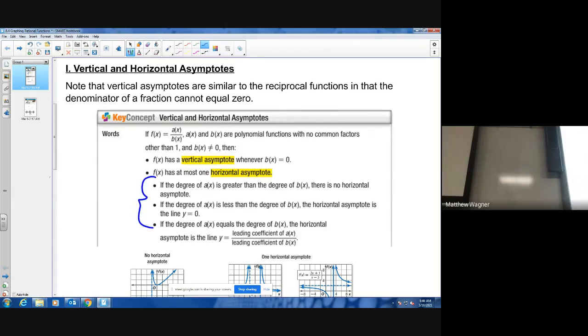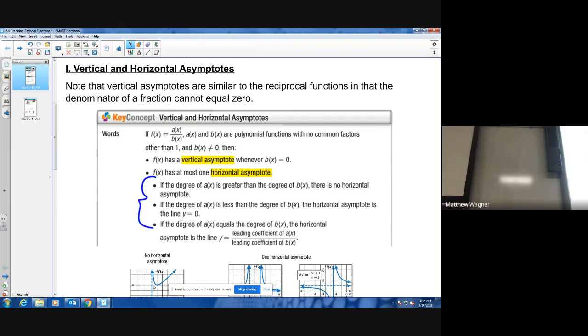Just a quick explanation here. If the power is bigger on top, so if a of x is greater than b of x, there is no horizontal asymptote. If the power is bigger on the bottom, meaning you have something like x squared over x cubed, your horizontal asymptote is always going to be 0.